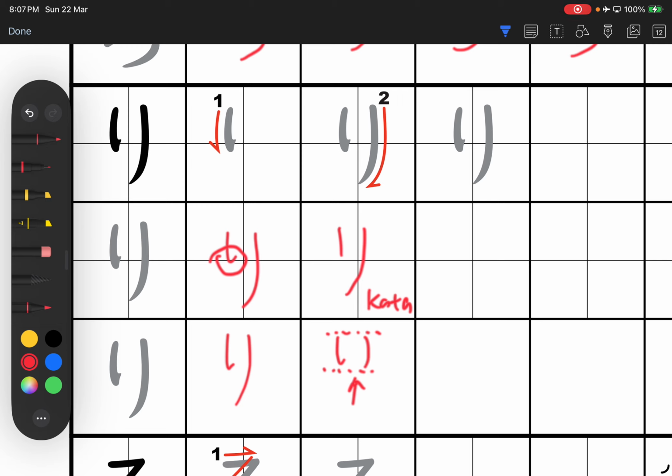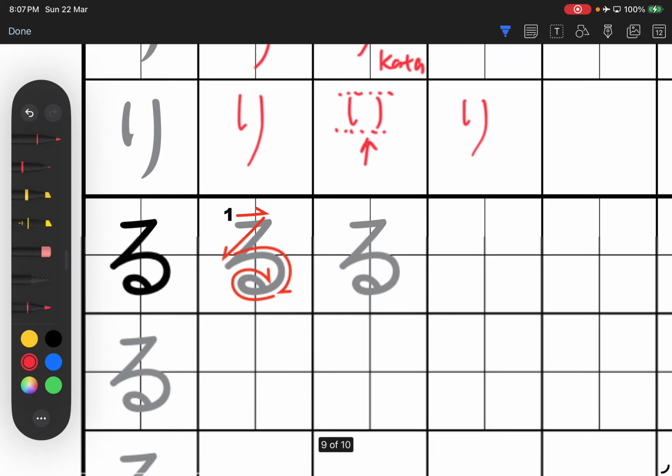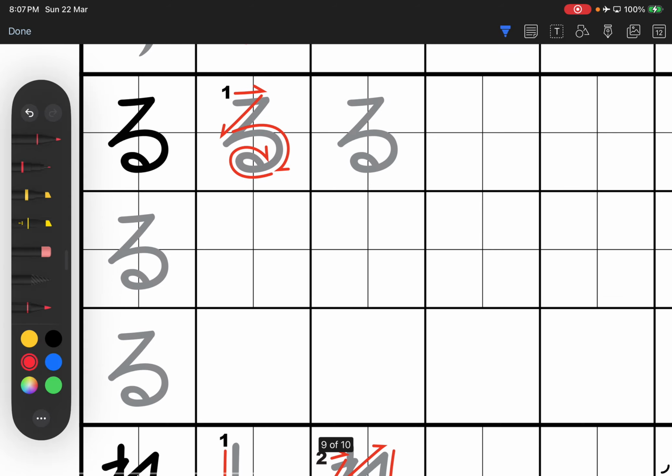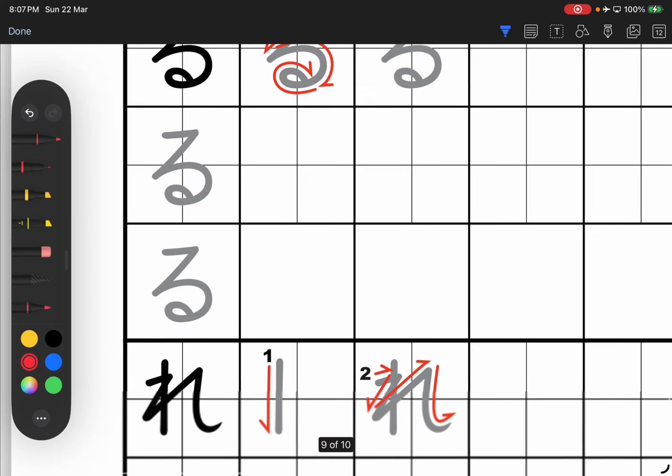Next we have ru. Ru is not like, there's this influencer called Ruru Sama, it's not really an R sound. So lu, like Lululemon. Very simple.